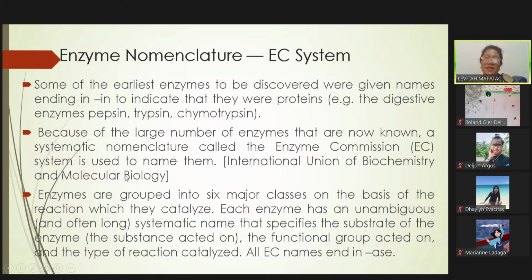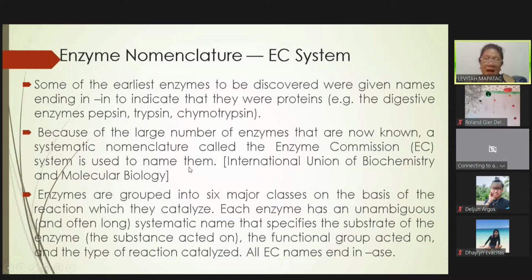But because of the large number of enzymes, same thing with chemistry, because of the number of inorganic or organic compounds, we come up with the IUPAC way, the International Union of Pure and Applied Chemistry way of naming.